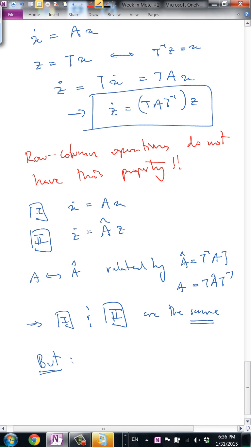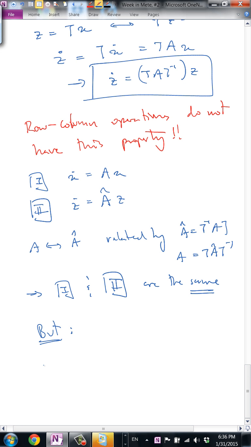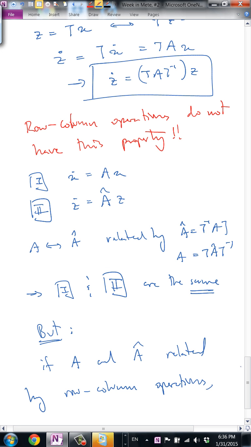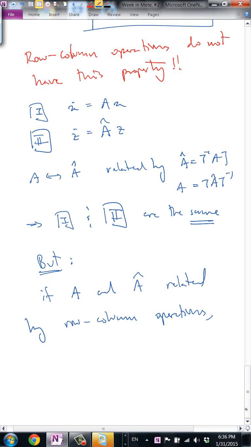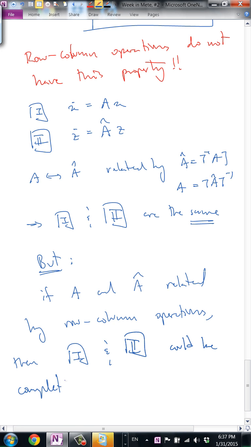But in contrast, if A and A hat are related by row-column operations, then the systems 1 and 2 could be completely different.